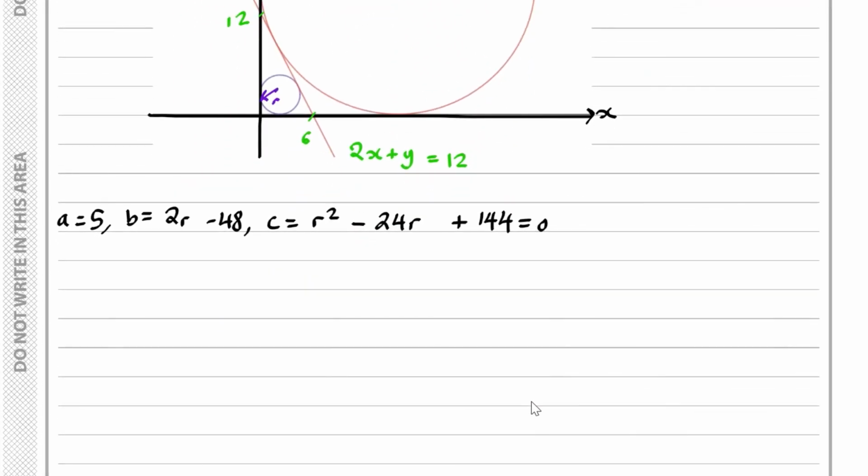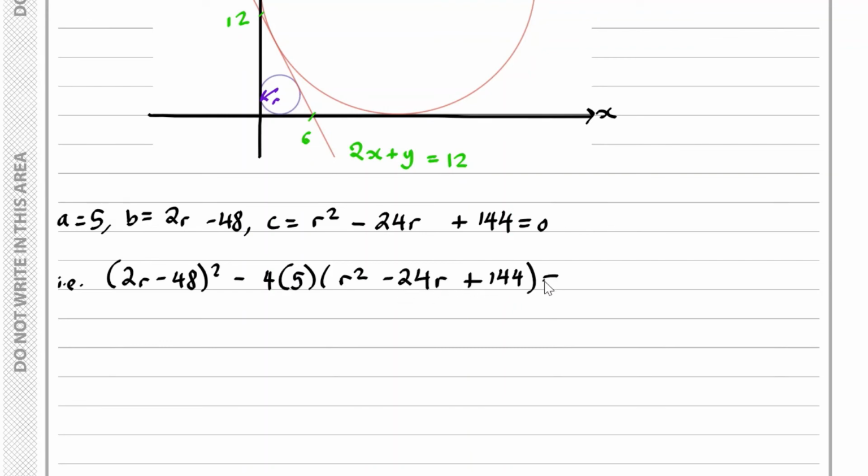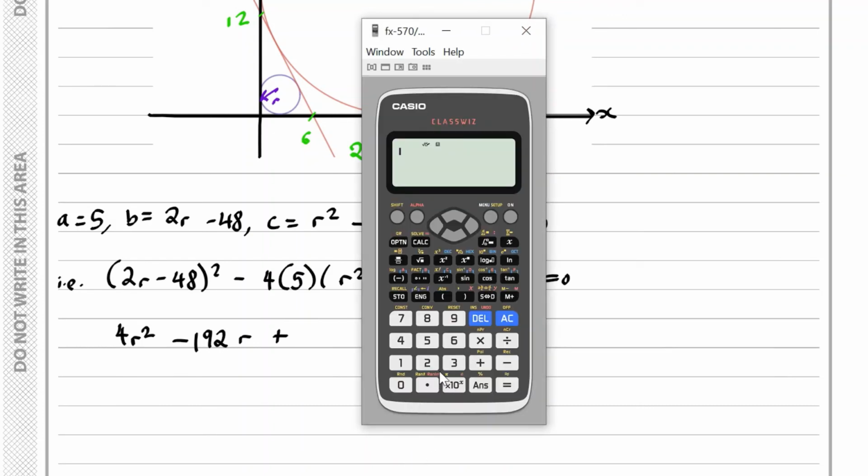So if we use the discriminant and set that equal to 0, we've got b squared, so here we've got 2r minus 48 all squared minus 4 lots of a, which is 5, lots of c, so here we've got r squared minus 24r plus 144, and all this is equal to 0. So if I expand and simplify, 2r minus 48 all squared, that's 4r squared minus 192r plus, well, here we've got 48 squared, which is 2304.